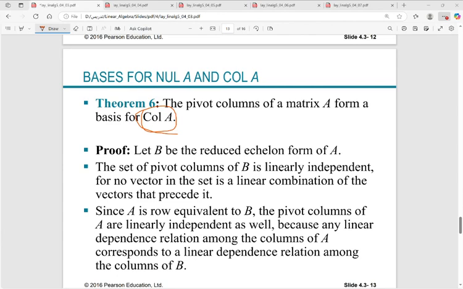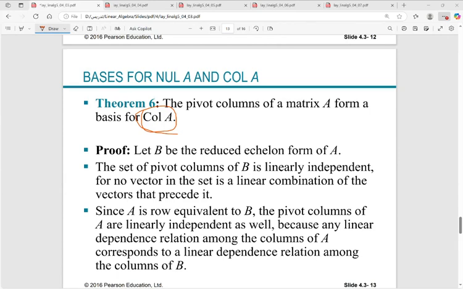In Row A, we consider each row as a vector, and Row A, or the row space of A, is defined as the set of all linear combinations of the rows of A, or equivalently, it is defined as the span of the rows of A. Okay, so Row A is defined as a span of rows of A. Col A is defined as a span of columns of A.